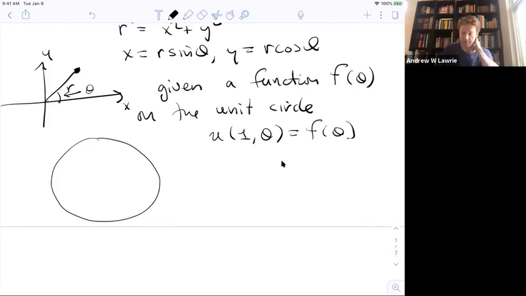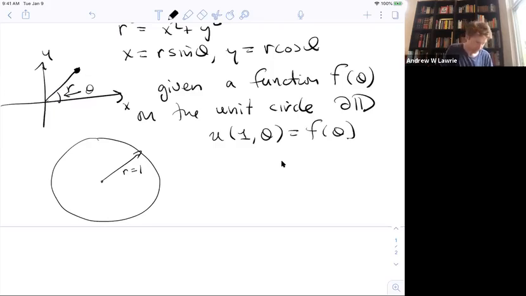Our function is for r equals 1. The points in the plane with r equals 1 are called the unit circle. We'll call this the boundary of D, the boundary of the unit disk.